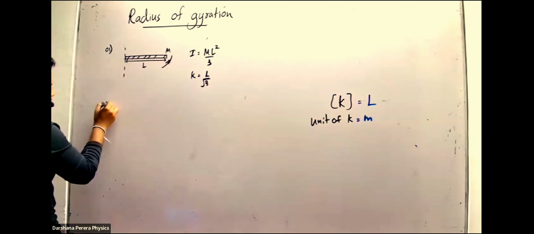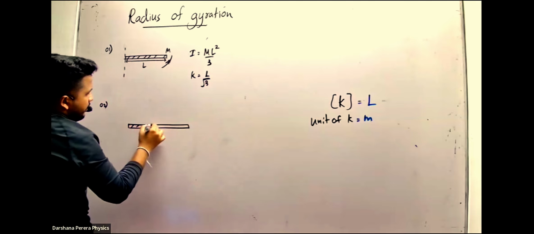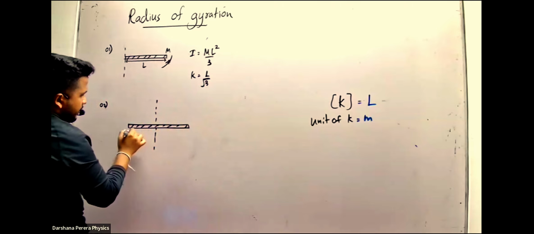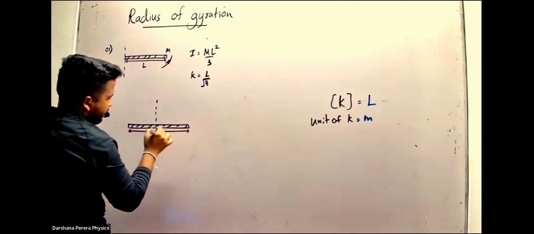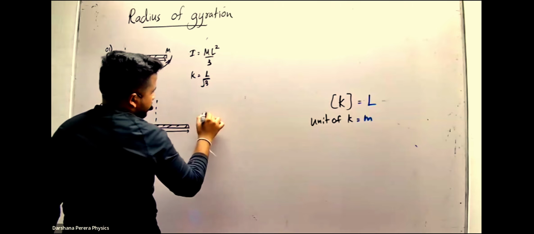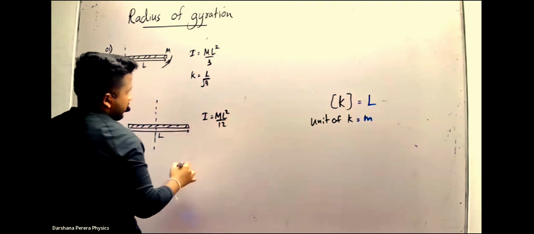Second one, we discussed the rod which rotates about the center, the axis passing through the center. I equals M L square over 2.